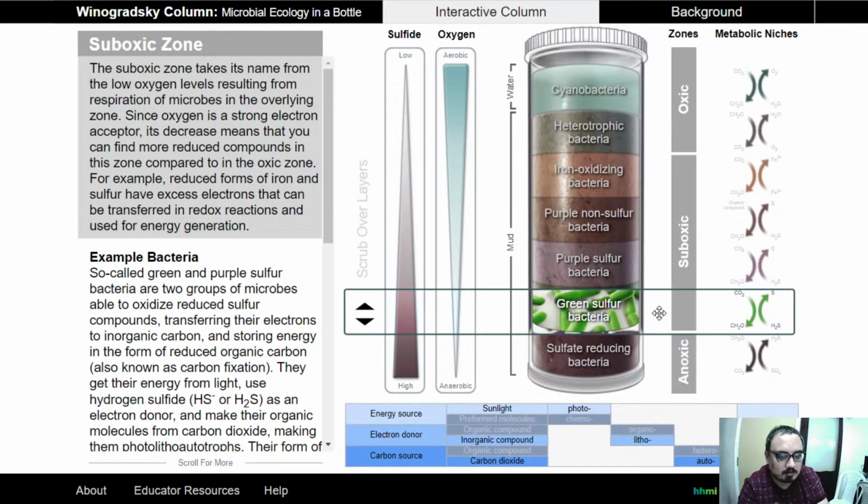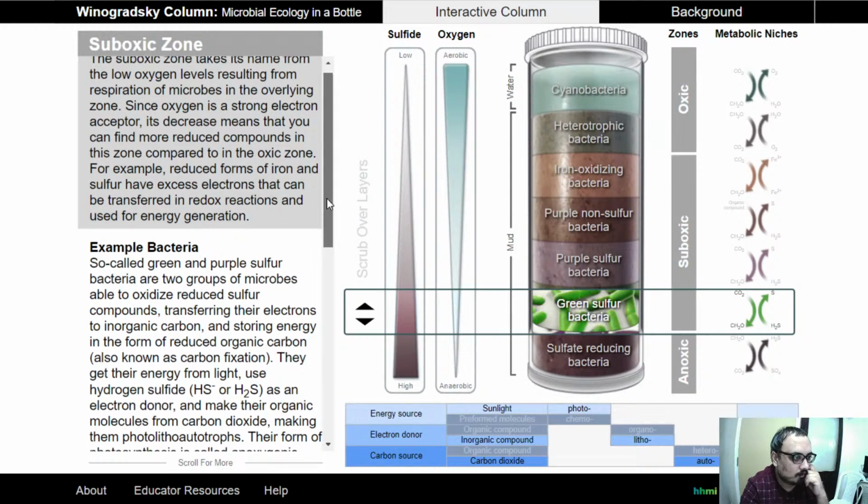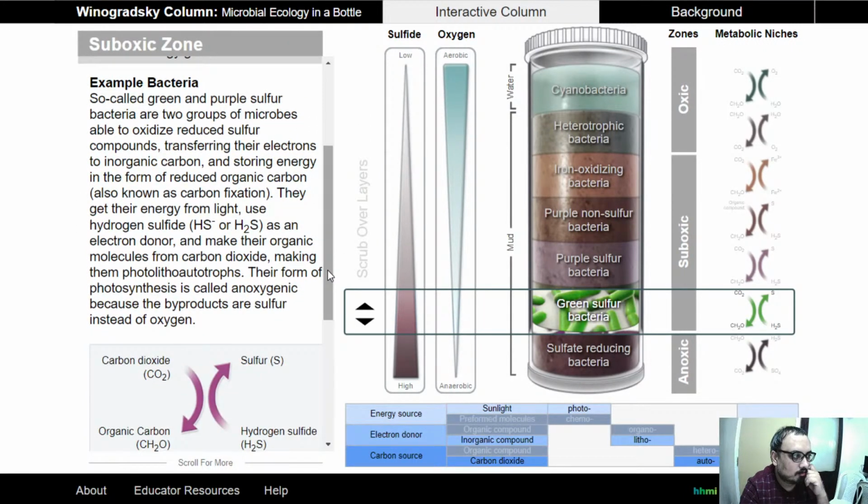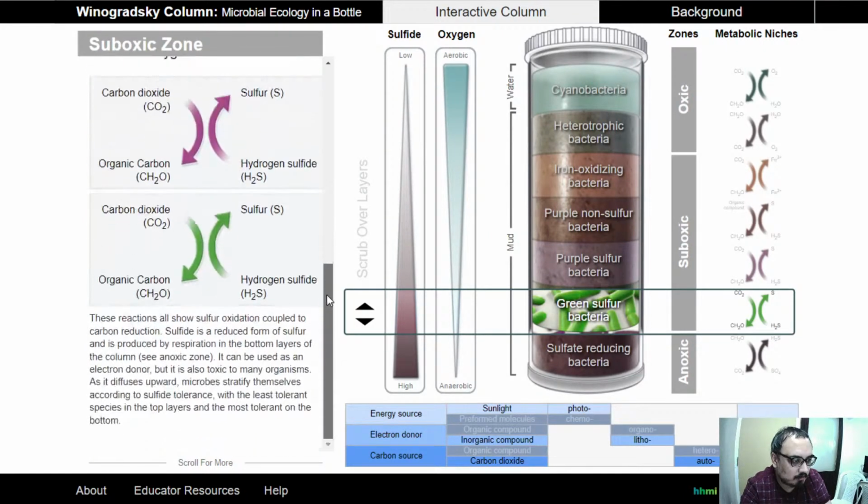Now the next ones are the green sulfur bacteria. Again, hydrogen sulfide will be used, and they are similar to purple sulfur bacteria.